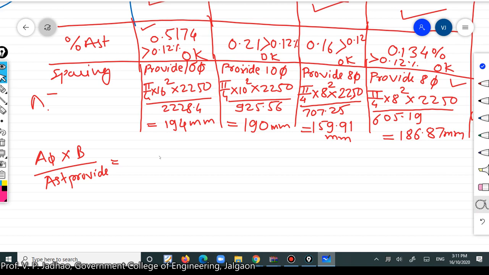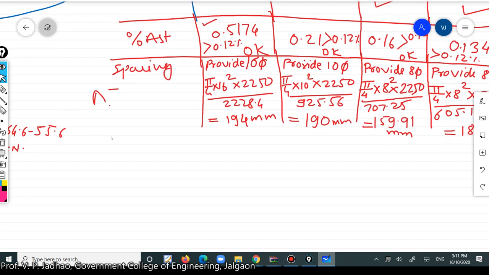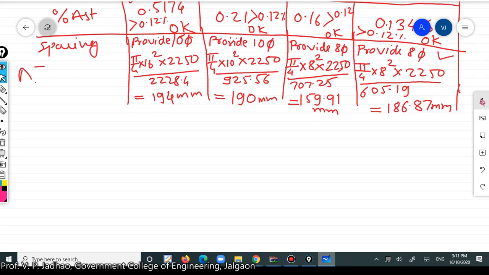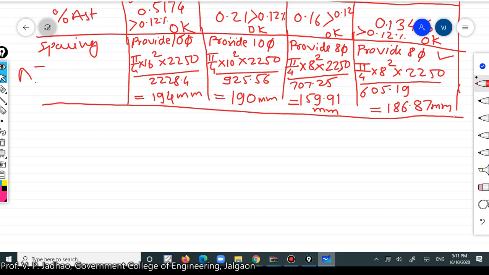And last, now we have to finalize the spacing. These are not the final spacing, therefore we have to finalize the spacing, because some values are in decimal points. Okay, just write down here spacing provided.